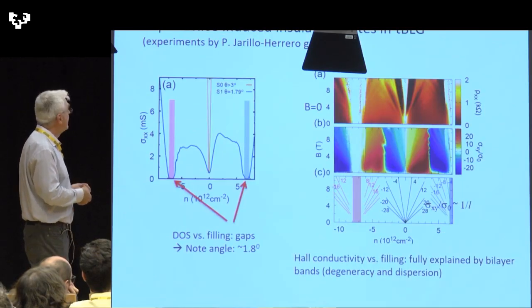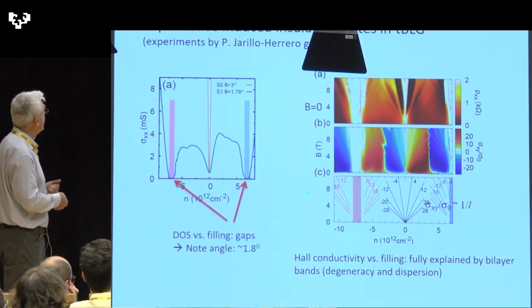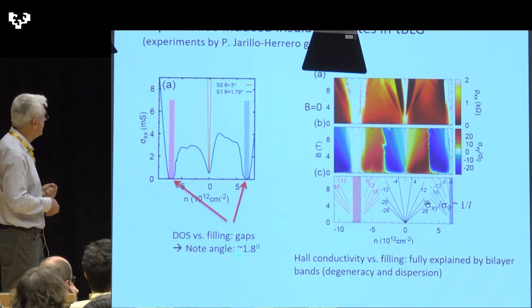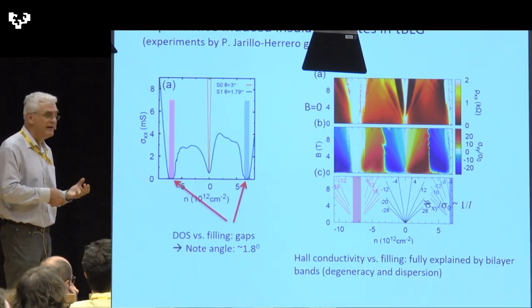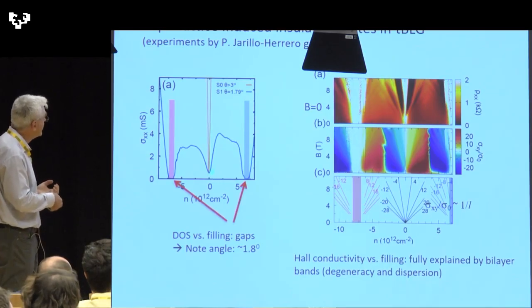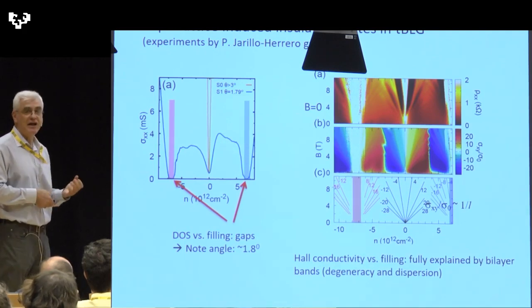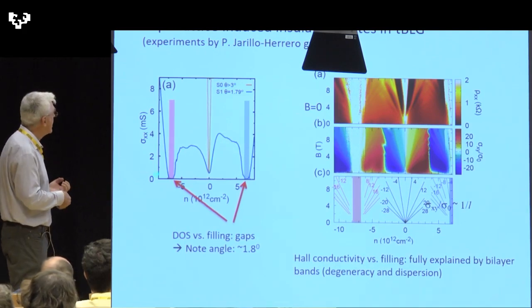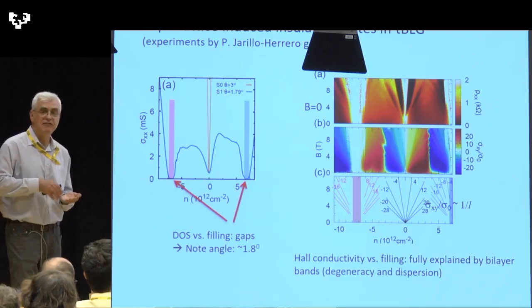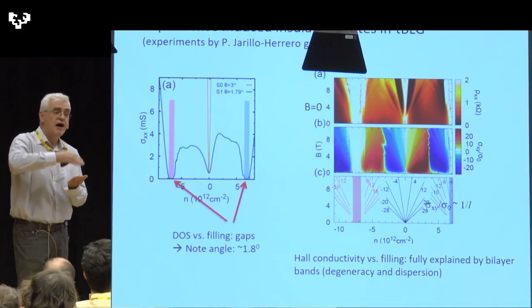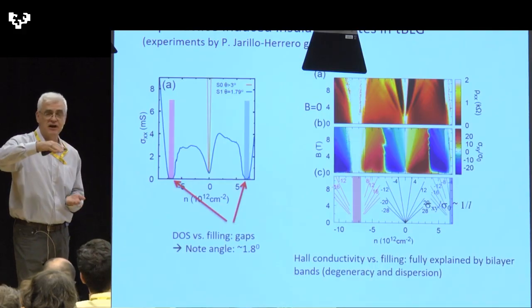So here are some early experiments from the group of Pablo Jarillo-Herrero, showing what is happening if you have a twist angle of 1.8 degrees, and you do indeed see these two humps. So you can think of this diagram essentially as showing you the density of states. The horizontal axis here is the level of doping, which simply corresponds to moving the energy, scanning the energy around the charge neutrality point.